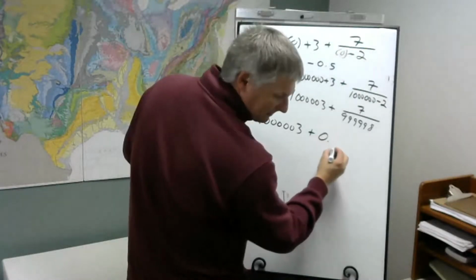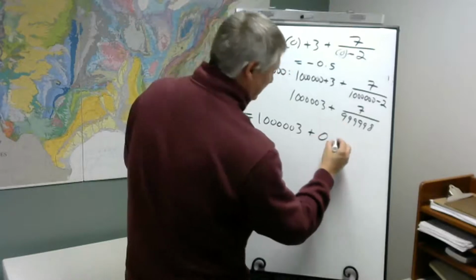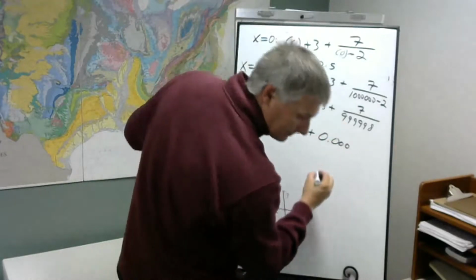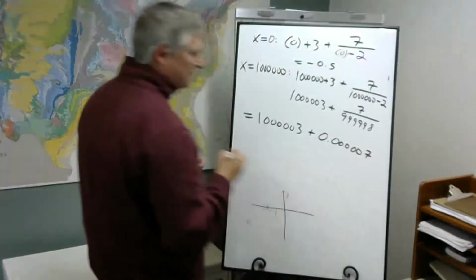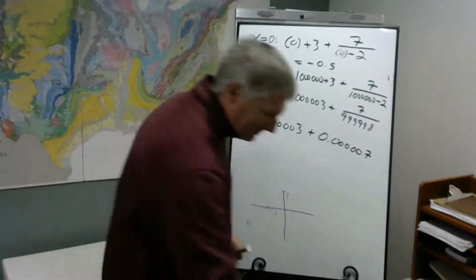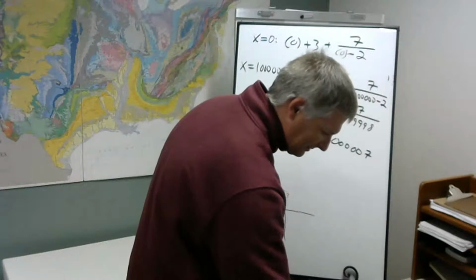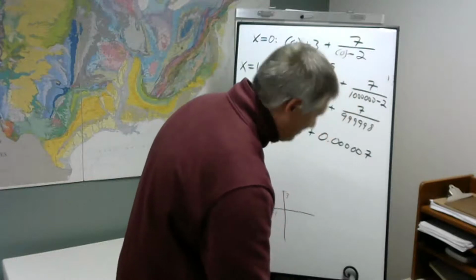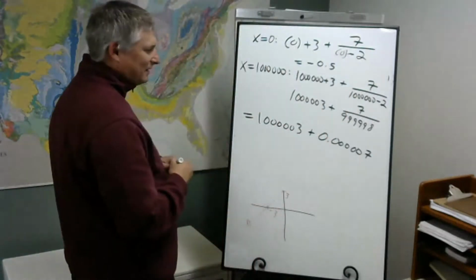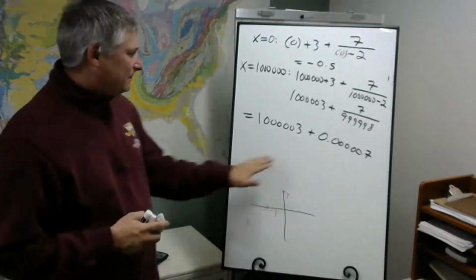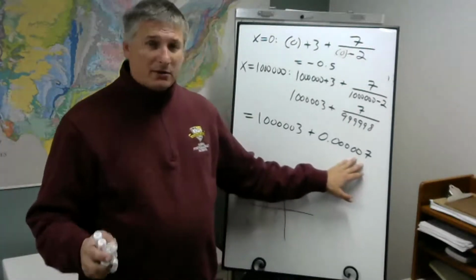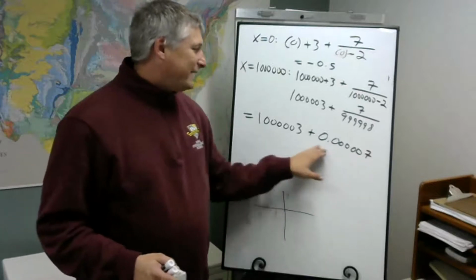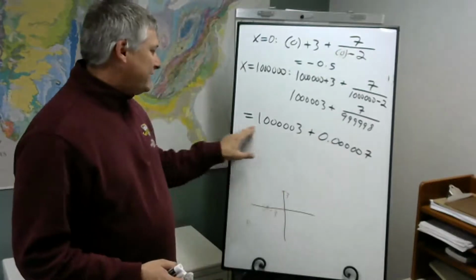Now, approximately, you get something like this. The point is this. Now the remainder is very small, the remainder term. It's contributing hardly anything to the x term.